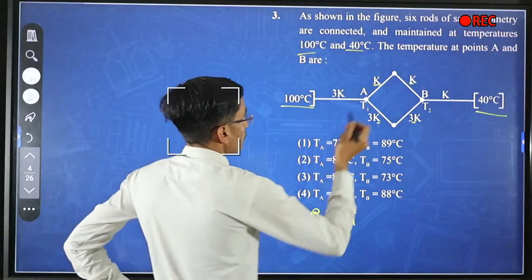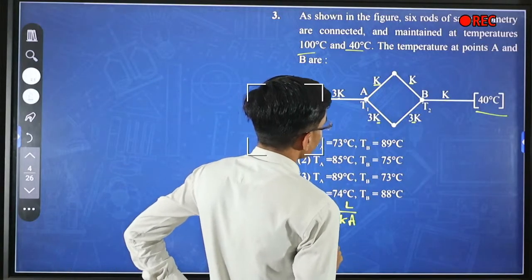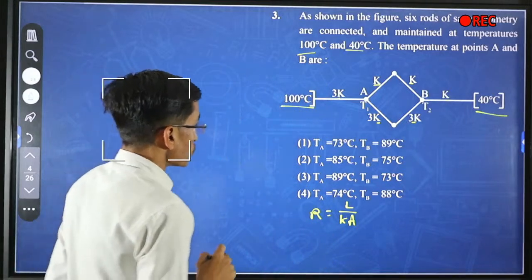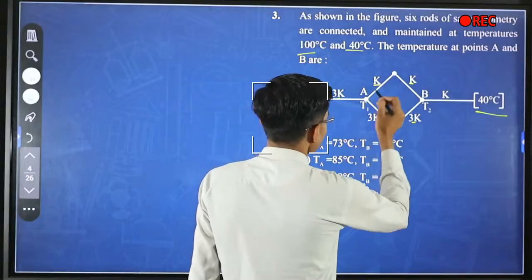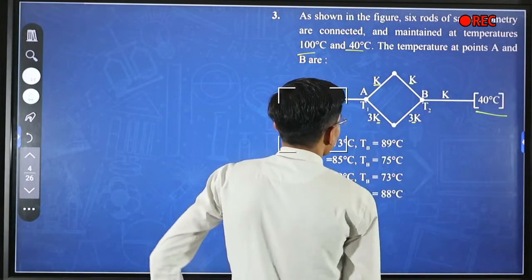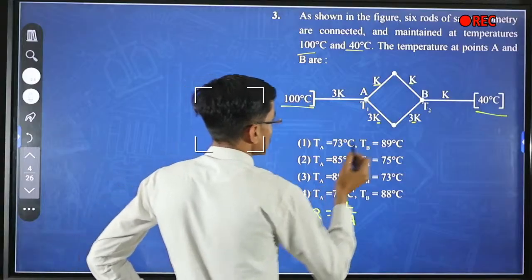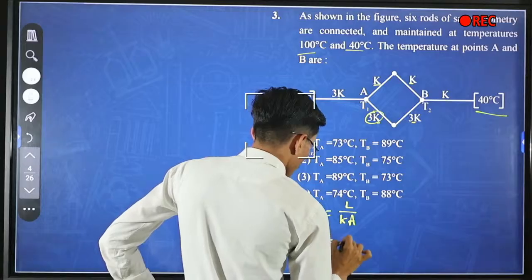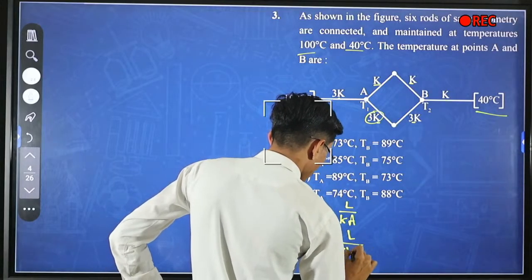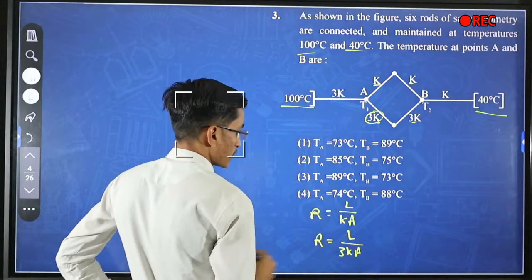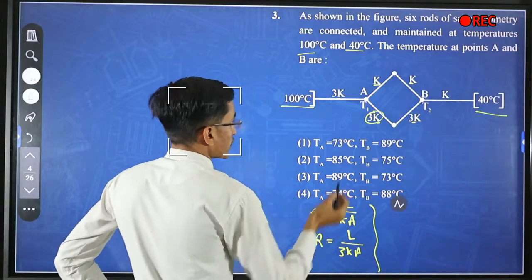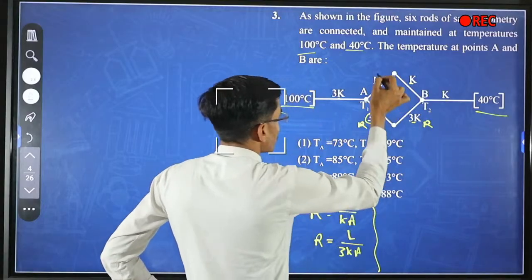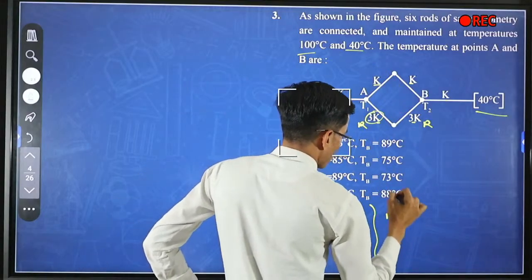Let us assume the resistance of one of the rods. Let us say the resistance of this one is R. Then L upon 3KA is considered as R. If the resistance of this wire is R, then this wire is also R. For this one, let us say R dash.